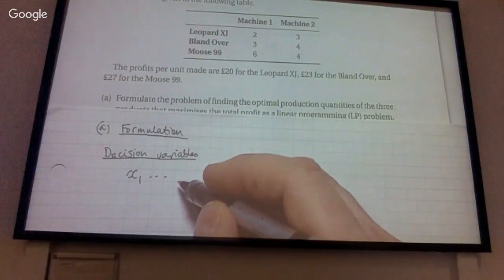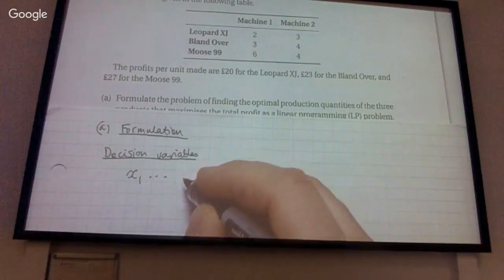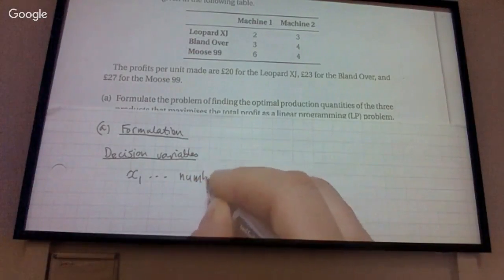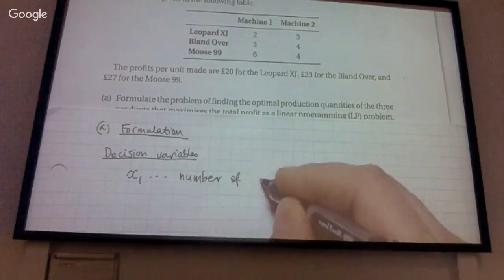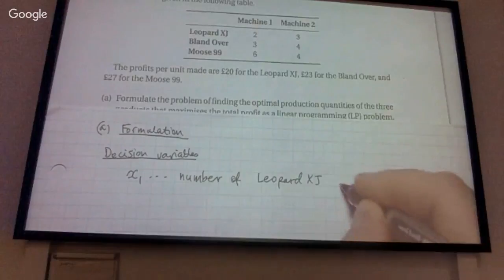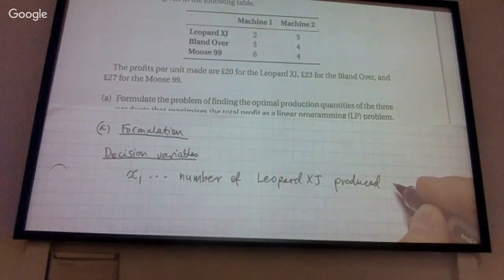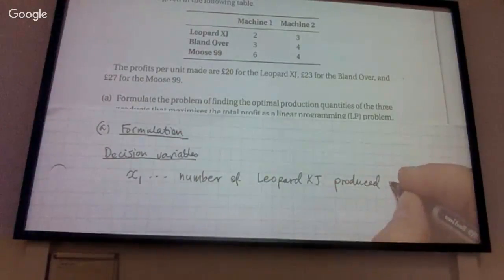So x1 in this case, or you can call it anything else. You can use L, B, and M if you prefer. I'm using x1 for the number of Leopard XJ produced. I think it says in a month.